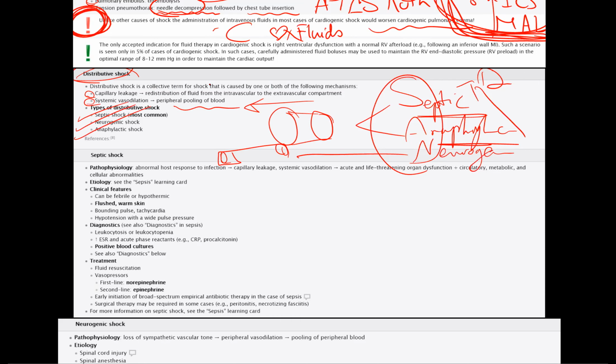Septic shock is an abnormal host response to an infection, which leads to release of chemokines and cytotoxins, leading to capillary leakage and systemic vasodilatation. This leads to acute and life-threatening organ dysfunction with circulatory and metabolic cellular abnormality.